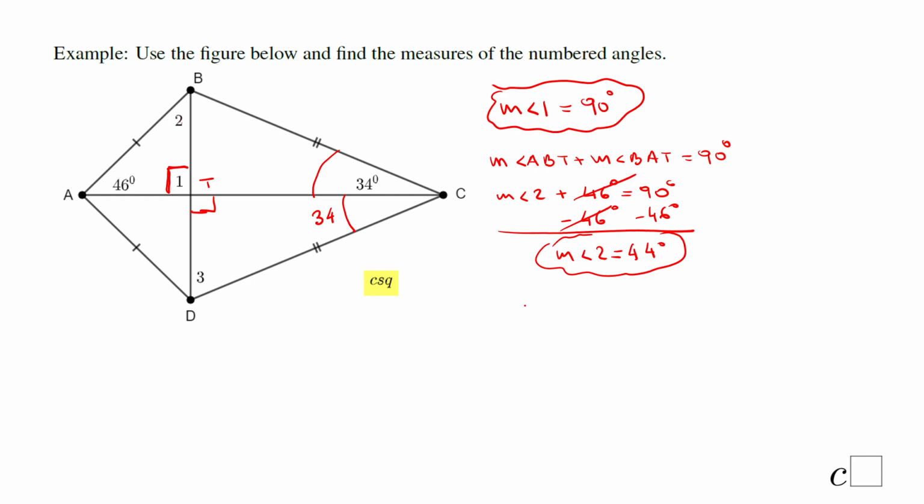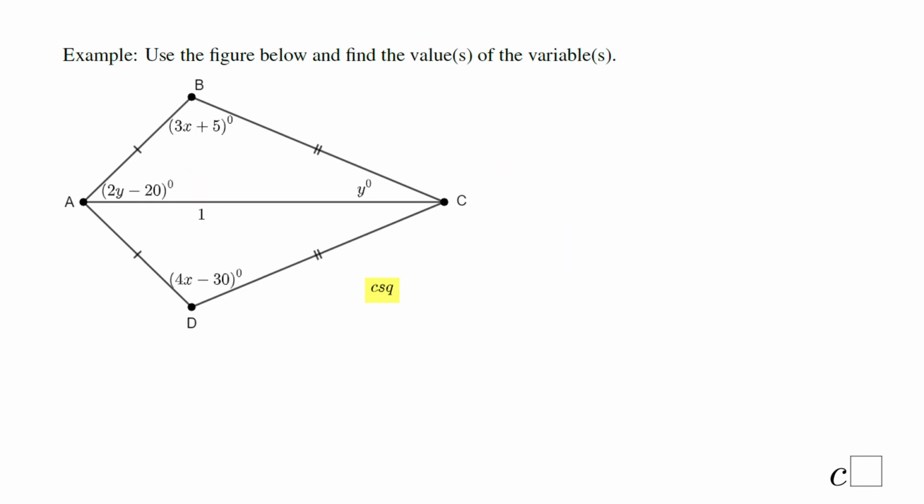So for the measure of angle 3, I can write a very similar statement. The measure of angle 3 will be nothing else than 90 minus 34. So the measure of angle 3 will be 56 degrees. Okay, so we used the property of the kite in this problem.